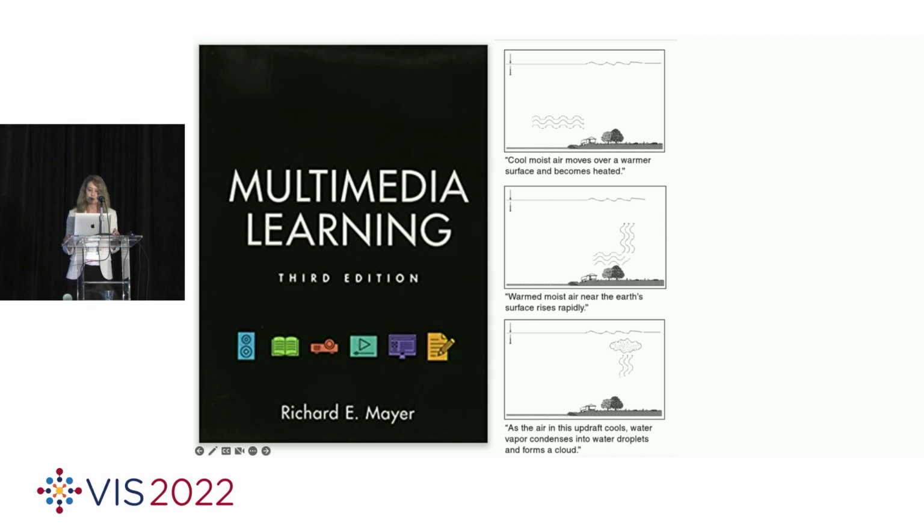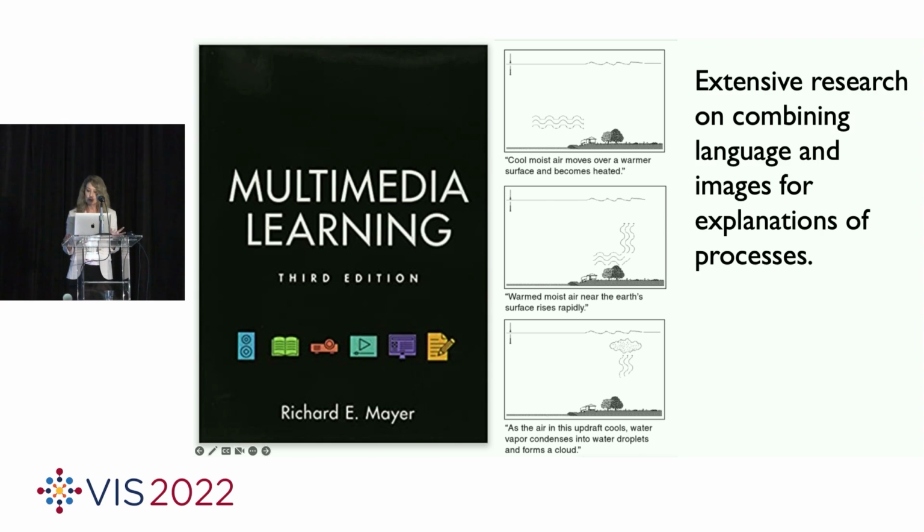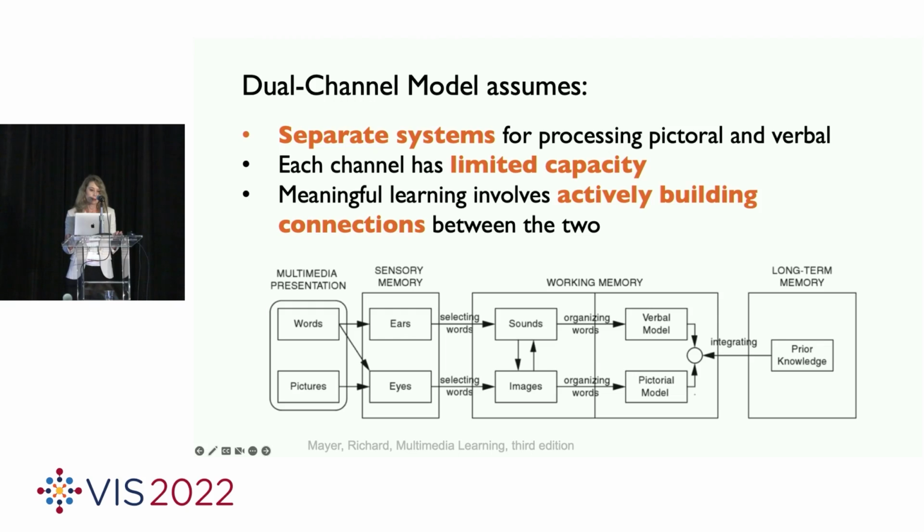He and his collaborators have done a lot of work comparing written versus audio language and how the text should be placed, but only in this very specific use case and only with very short pieces of text. But he has a cognitive model for this. It's called the dual channel cognitive model.